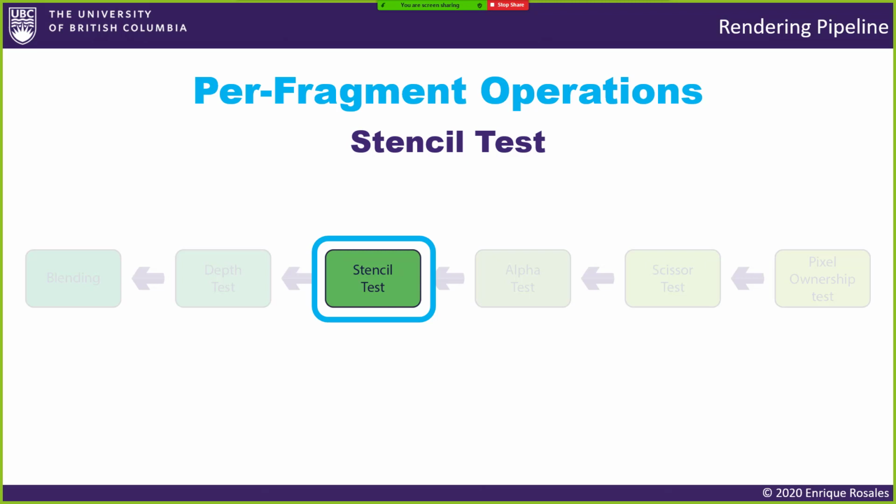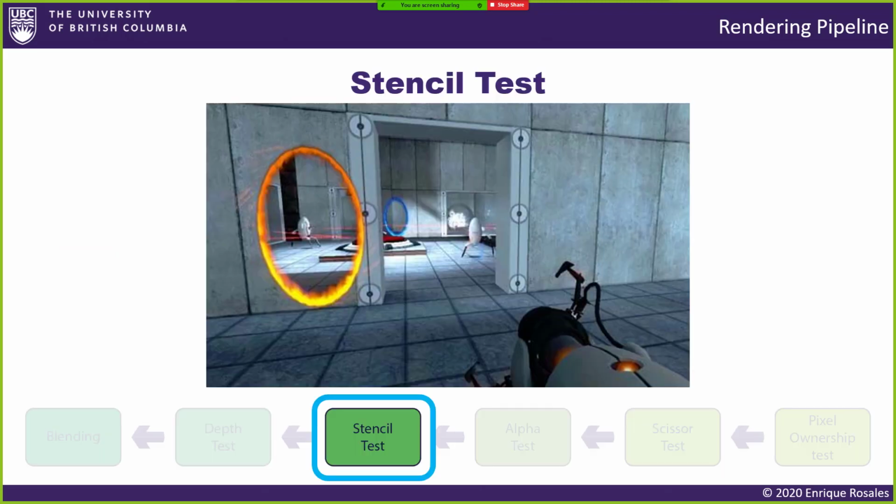I don't know if you know this video game here. Say yes if you know it. Portal, yes, exactly. I think everyone knows this, right? This is a very cool effect that you can see in Portal. What you see here is basically a window to another area of your scene. What is done here is a trick created with the Stencil Test, or the stencil buffer.